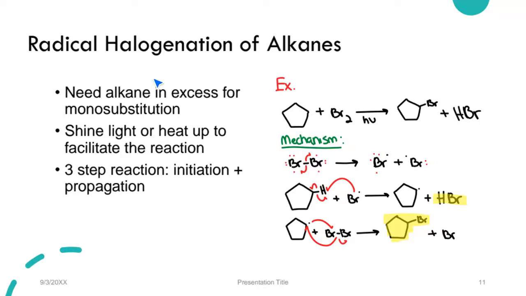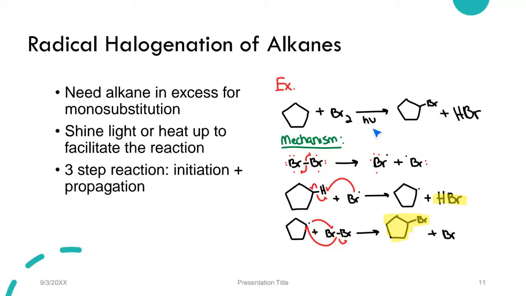So a radical, remember, is just something with an unpaired electron, which means it's unstable, it's energetic, it's going to attack things. Okay, so for this reaction to occur, we need our alkane to be in excess for monosubstitution. So if we just want to put one halo group on your alkane, you need the alkane in excess.